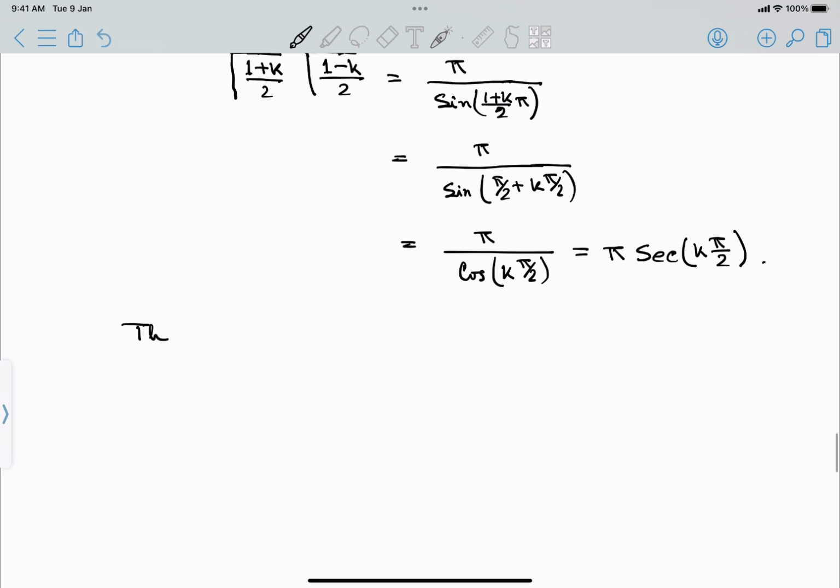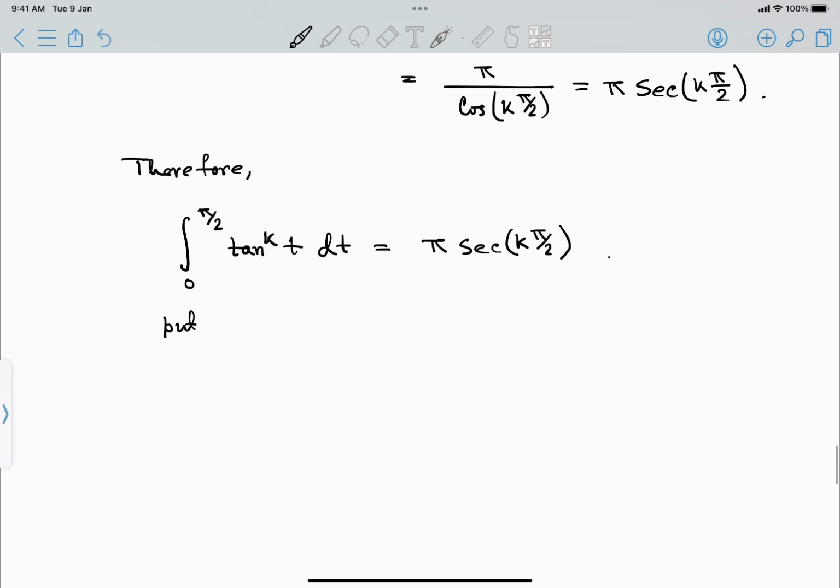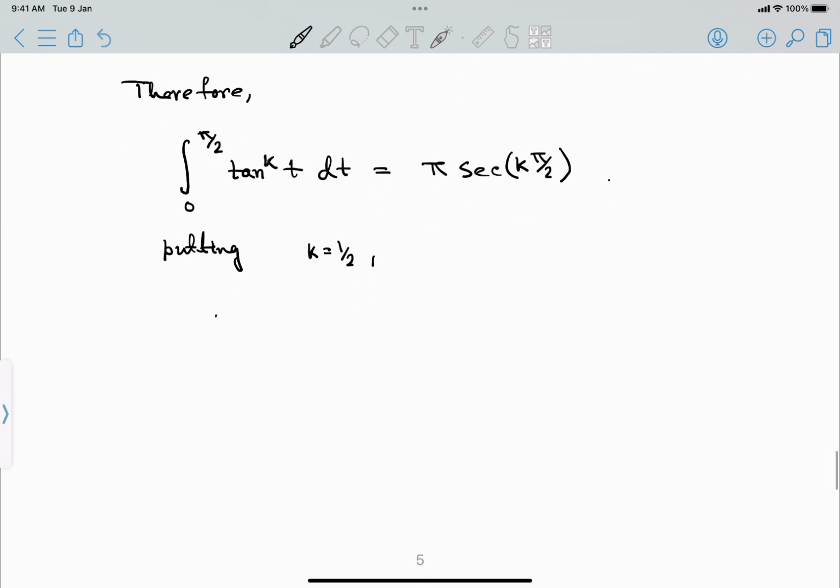Therefore integration 0 to pi by 2 tan to the power k t dt is pi sec k pi by 2 over 2, and putting k equals half, we get integral 0 to pi by 2 tan to the power half t dt. This is pi sec pi by 4.